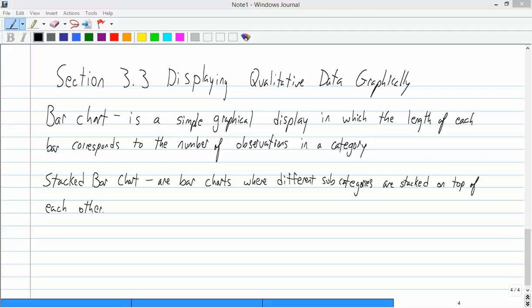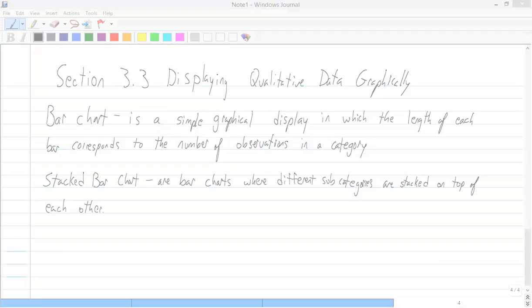I'm sure that everyone in here knows what a bar chart looks like, whether you've ever used one or not, I'm sure that you've seen them. It's a very common way of representing data.